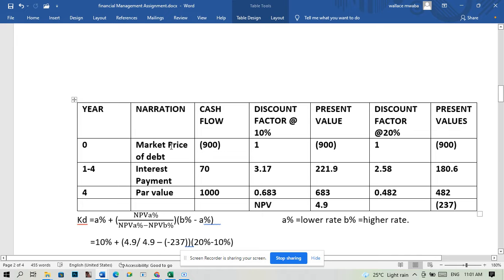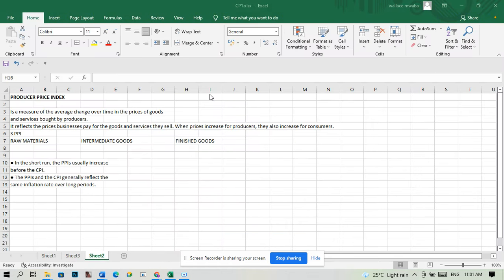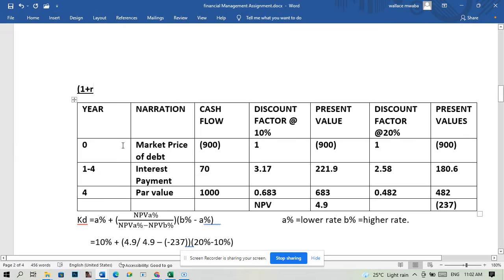The discount factor rate basically is going to be the interest rate, which is 10%, and we're going to use this formula: 1 plus r to the power negative t.